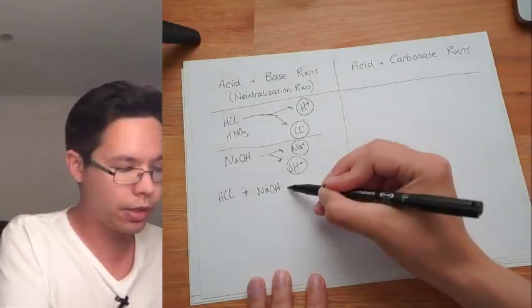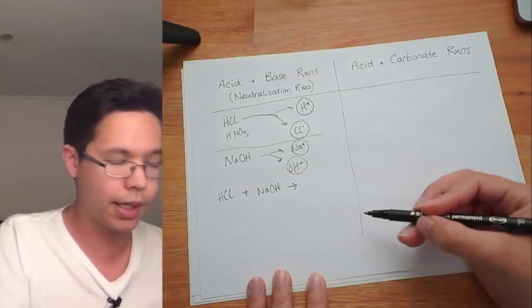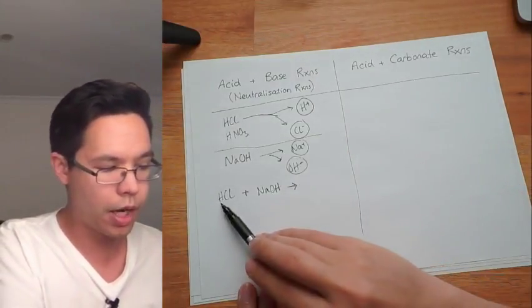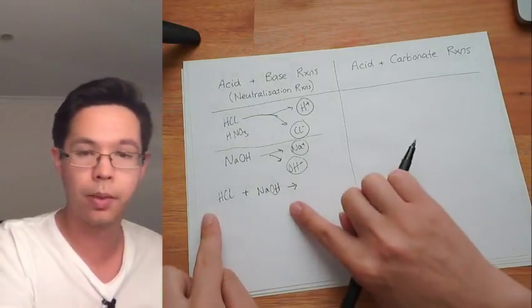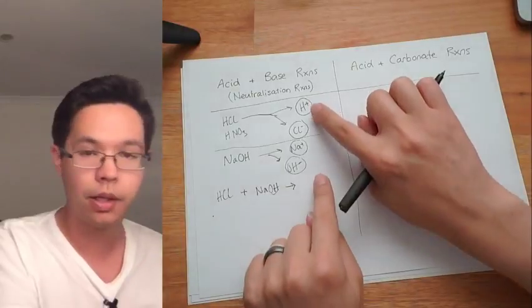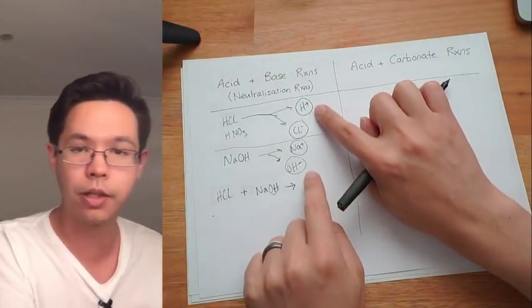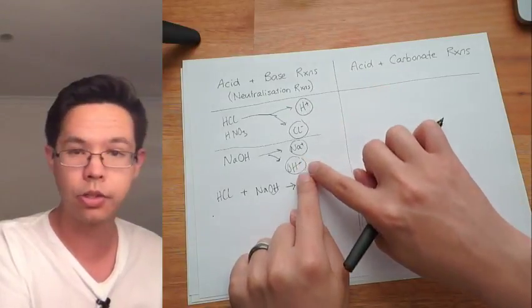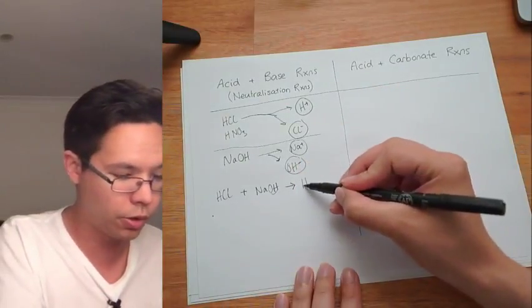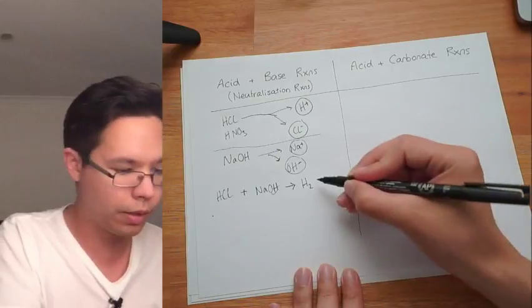So if I add these two together, I'm going to get some products. This hydrogen will pop off, this OH will pop off, and those two parts can come together. So you can see a plus ion and a negative ion here. These can pair together. What will I get? H and OH. That gives me two H's, doesn't it? So H2. And I have an oxygen as well, which gives me H2O.